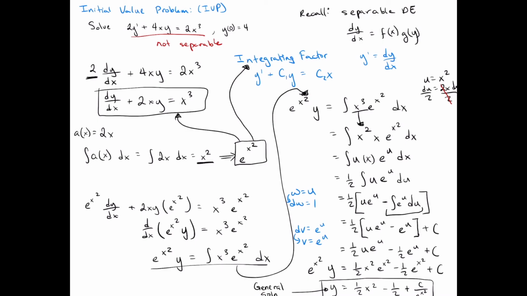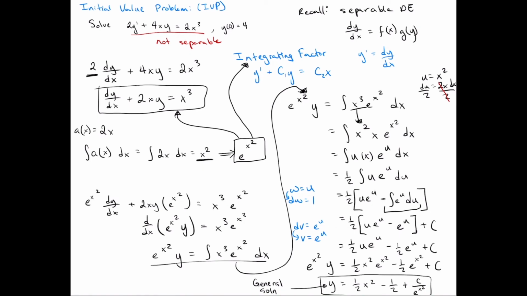But we are not done yet, because this is our general solution, but we are given the initial condition for this problem, so we are able to solve for this variable c. So now using the information of this general solution and our initial condition, we can solve for the variable c.